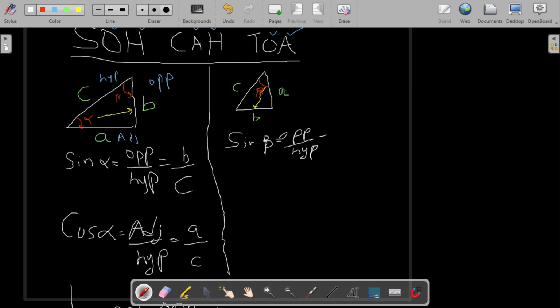So in this case, where the angle is facing is B. So your opposite here is B because that's where beta is facing. Then your hypotenuse is the longest side of the triangle, which is C. Then what about cos beta? Like I said, cos beta is adjacent over hypotenuse. We see that in the previous one.